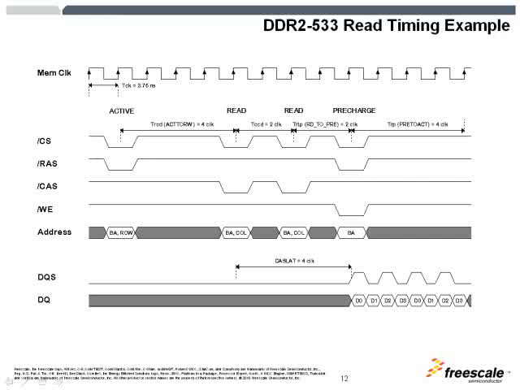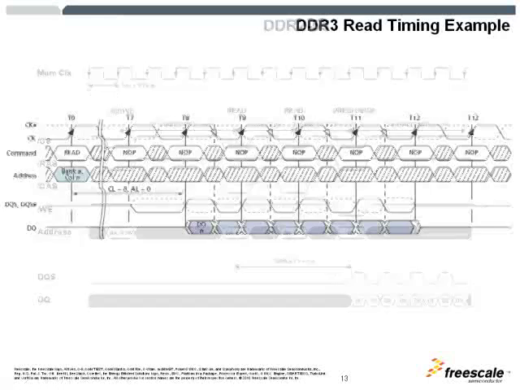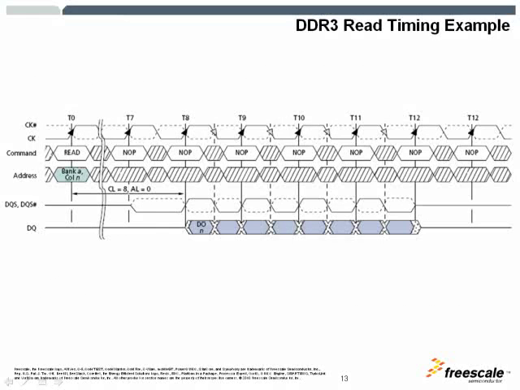Once the read operation is completed, here we have a pre-charge command, which would close the row buffer that was open and restore the information from the row buffer into the memory cells again. Here is a timing diagram of DDR3.